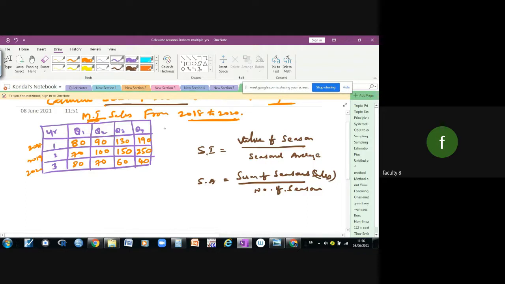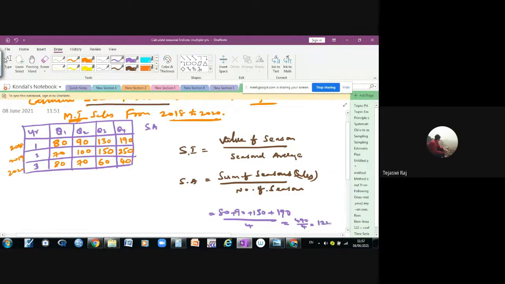So we can find the seasonal average here. First, as we calculated, 80, 90, 130 plus 190, that is 170, 300, 490. 490 divided by 4 is 122.5.